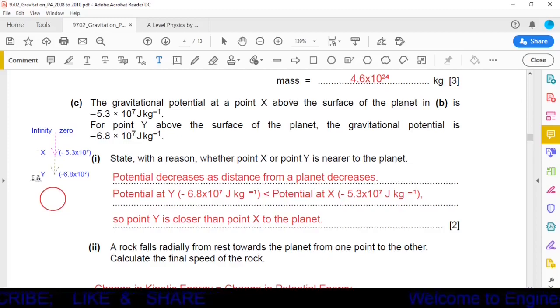So we can say point Y is closer to the planet as compared to point X. So the answer is: potential decreases as distance from a planet decreases. Potential at Y is -6.8 × 10^7, which is less than the potential at X, which is -5.3 × 10^7. So point Y is closer than point X to the planet.